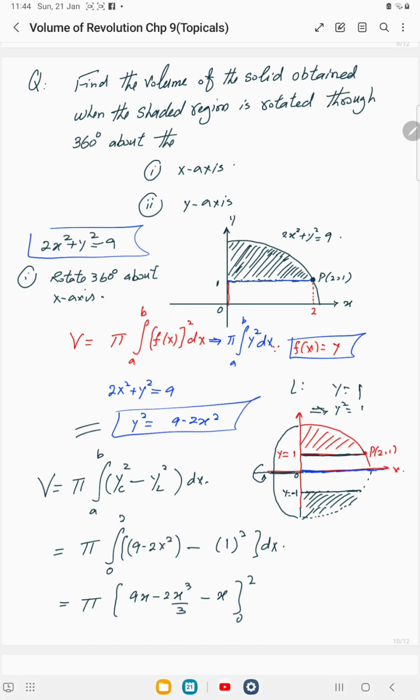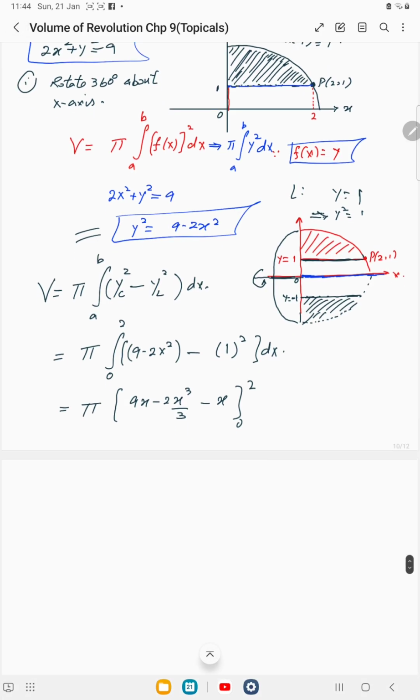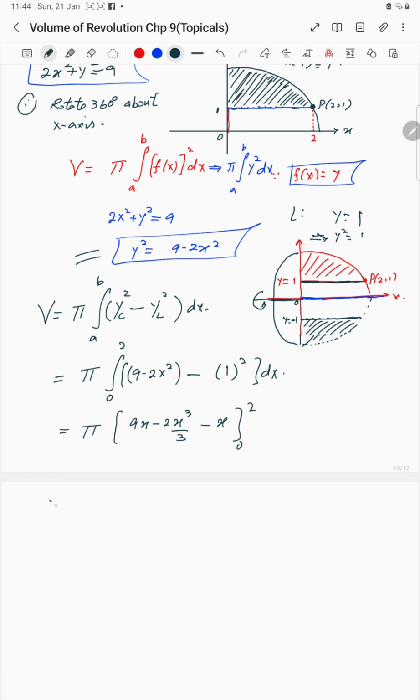Do the basic calculation. First we replace the upper limit minus the lower limit. Pi will remain pi. Even this time we are dealing with the problem of a curve and a line, the area between the curve and the line, as we discussed in past videos.